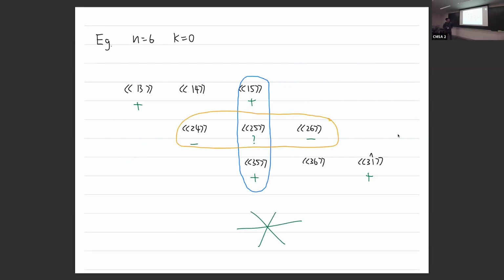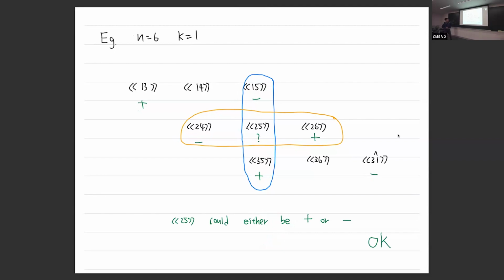So if we look at the blue line, for k equal 0, NHV, the 0 sign flipping means the 2,5 must be positive. But from the green line, we can see 0 sign flipping implies 2,5 should be negative. So we lead to a contradiction.